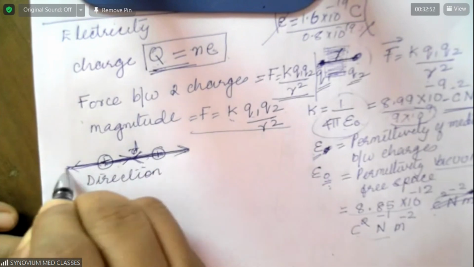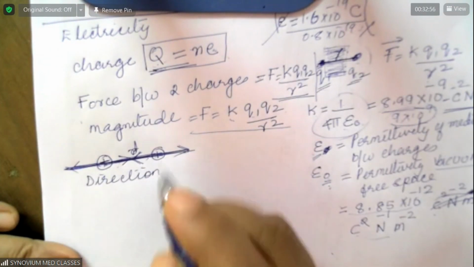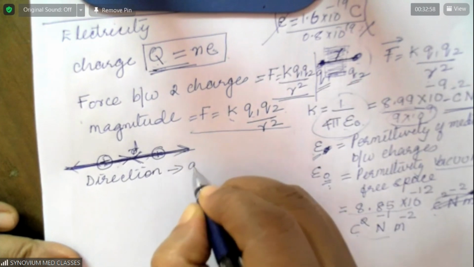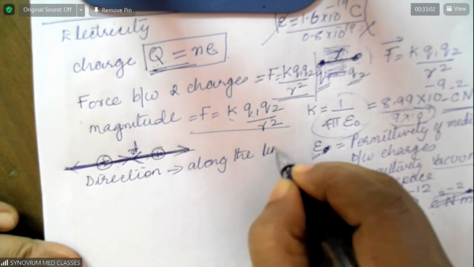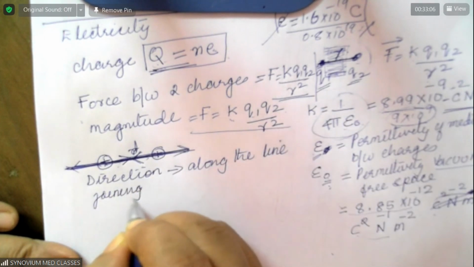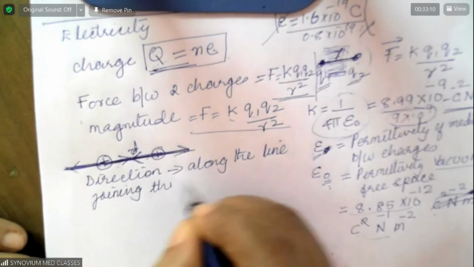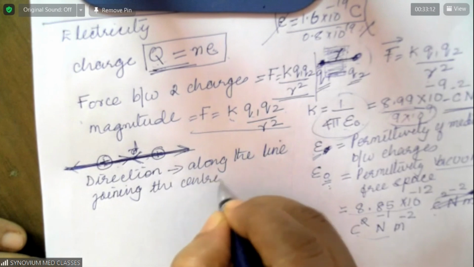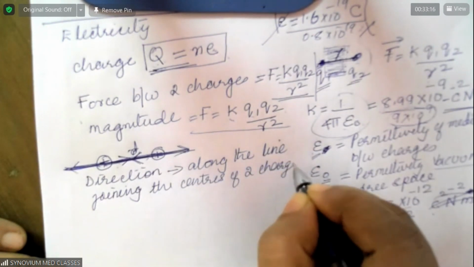It will be along the line joining the centers of the two charges.